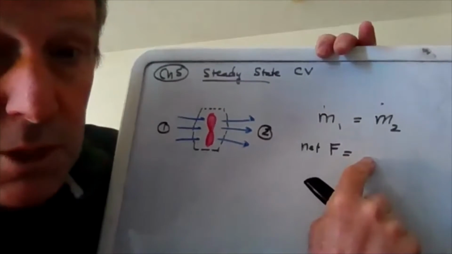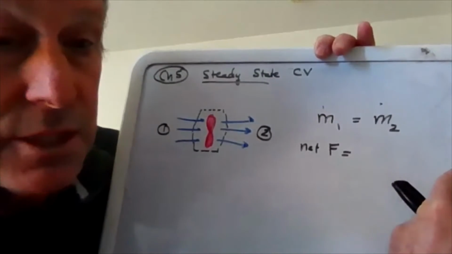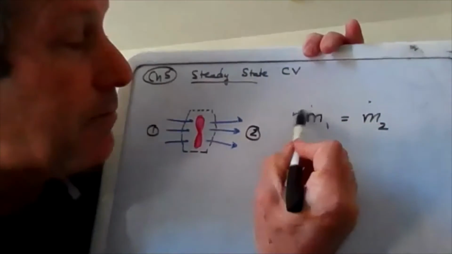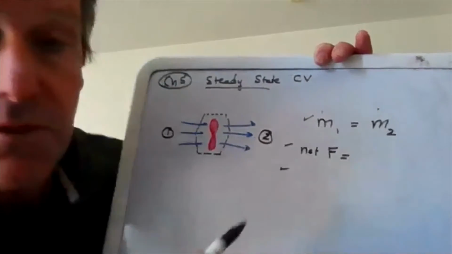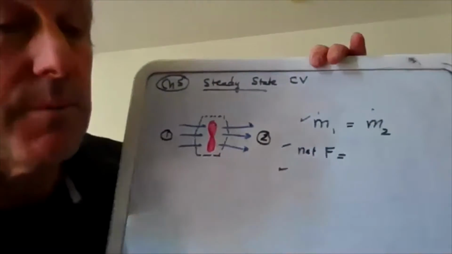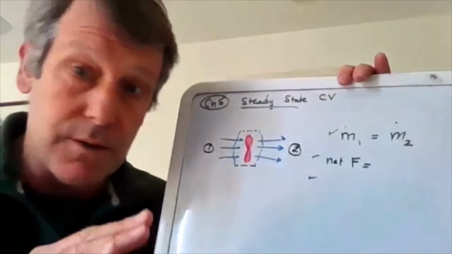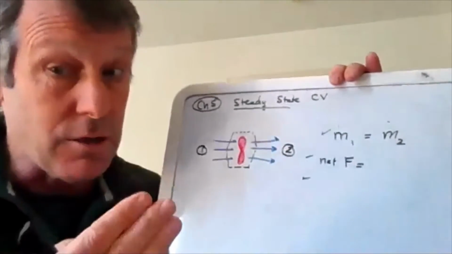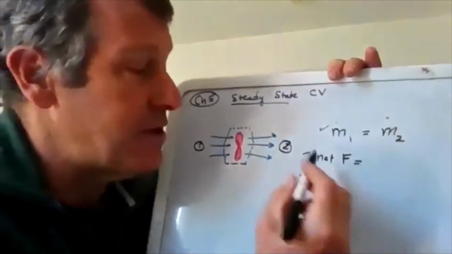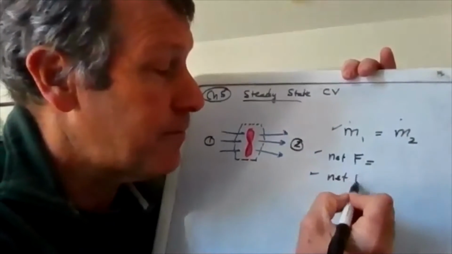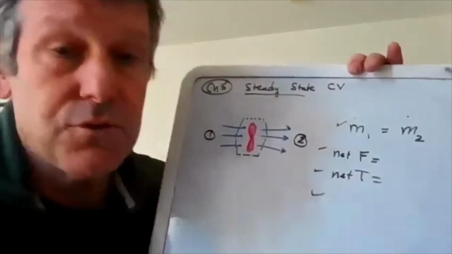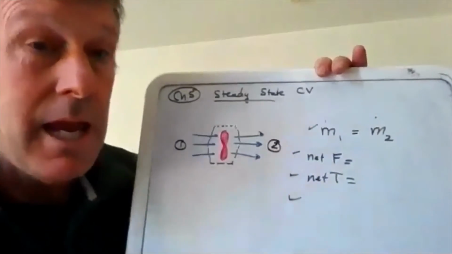So this would be linear momentum flow out minus linear momentum flow in. That was the second analysis we did. The third analysis we did was angular momentum flow, and that worked for things like sprinkler heads, which are spinning. We could compare the angular momentum flow in and angular momentum flow out, and instead of getting us net force, they got us net torque.